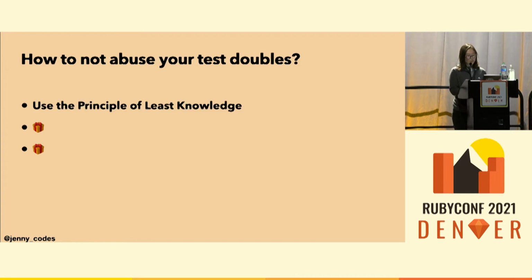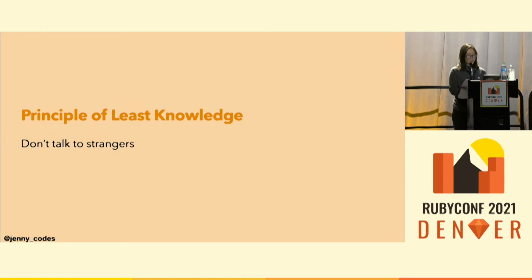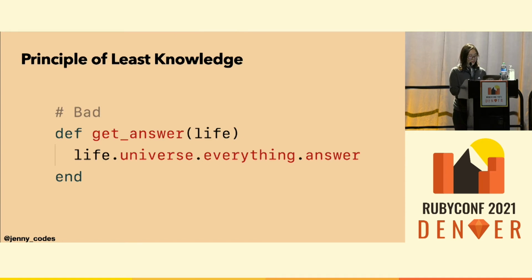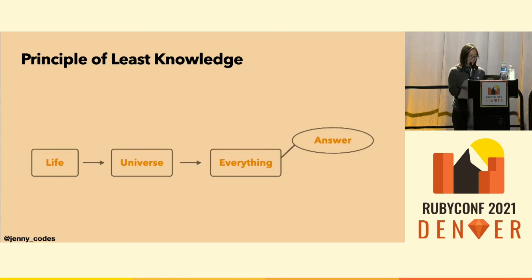First, use the principle of least knowledge. A very quick definition is: don't talk to strangers. So let's see an example. Suppose we have this method that gets the answer to life. In order we call life, universe, and everything, and finally arrive at our answer. On first glance, the dependency graph looks like this.